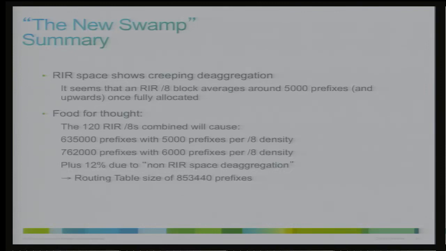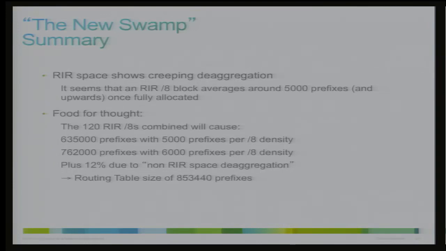So you can see the RIR space shows creeping aggregation, but on the other hand, you can see that people are paying more attention. And the growth, as was demonstrated yesterday in the BGP in 2013, has become linear instead of exponential.